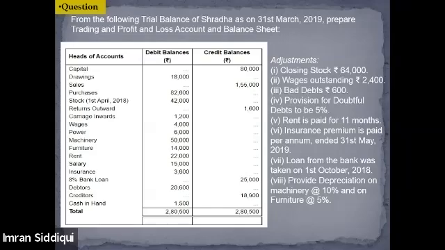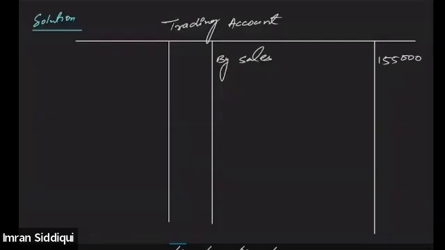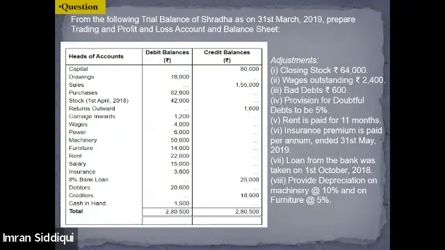Then we have purchases, 82,600. So let me just confirm whether there are any purchase return or sales return given in the question. So return outward is there, that means purchase return is given, but I'm not able to see any return inward. Yeah, no, there is no return inward.